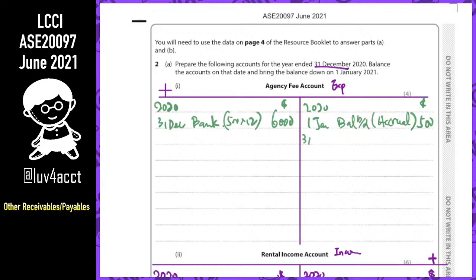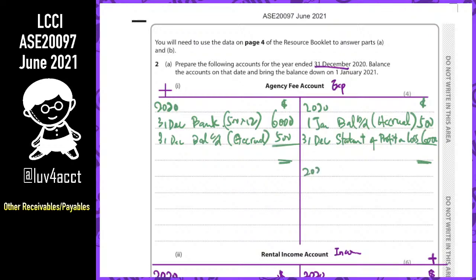And then also at the end of the year you have to transfer to the statement of profit or loss 6,000 for the whole year. And then the balance being 500, 31st December, balance carried down. This is your accrual again for December.